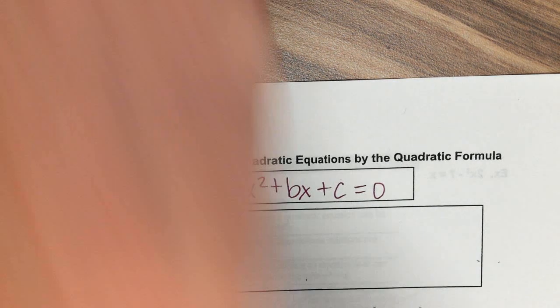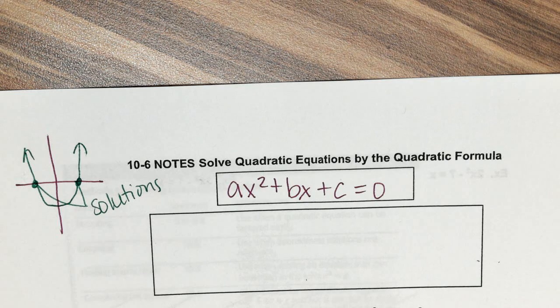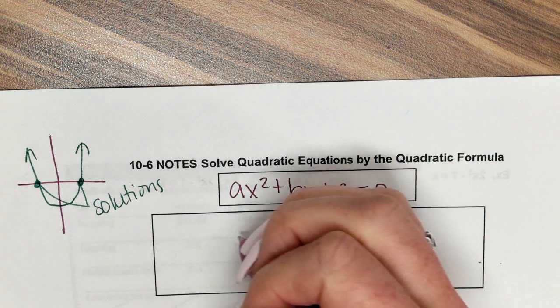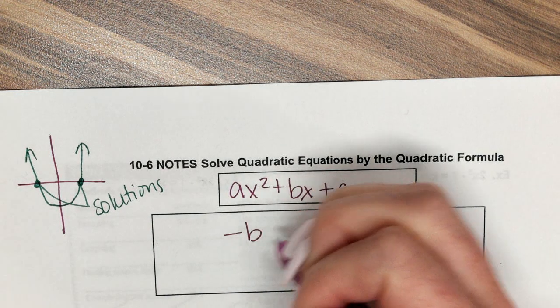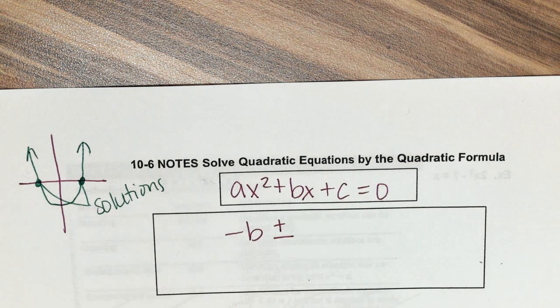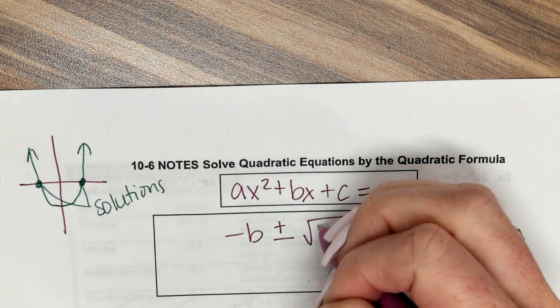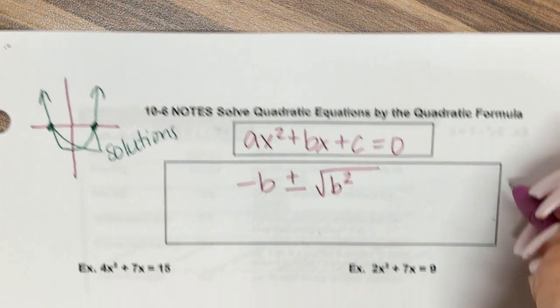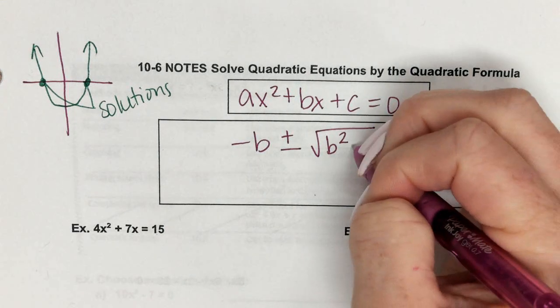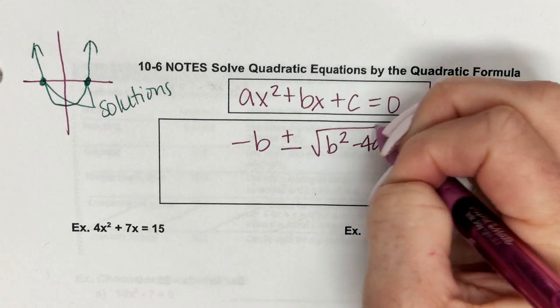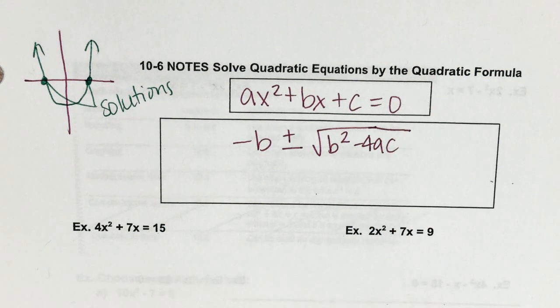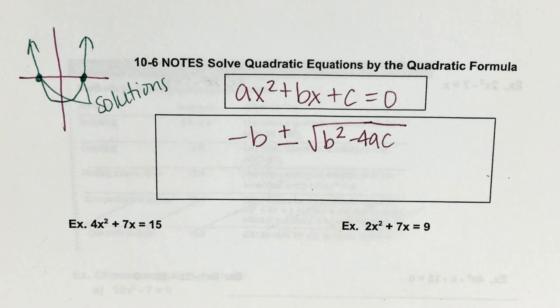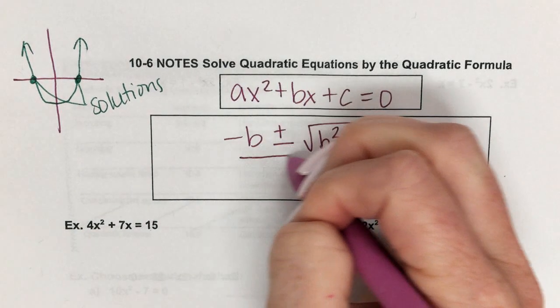All right, let's write the quadratic formula down. The quadratic formula is negative b plus or minus. Why is it plus or minus? Because there's two answers. The square root of b squared minus 4ac, and make sure that's all under that square root, all over 2 times a.